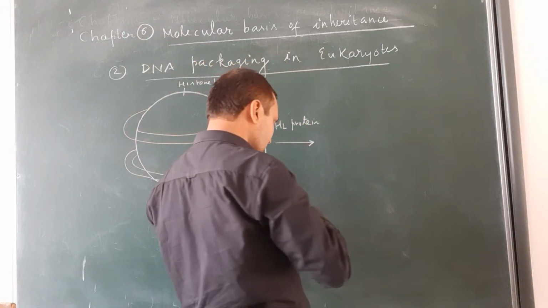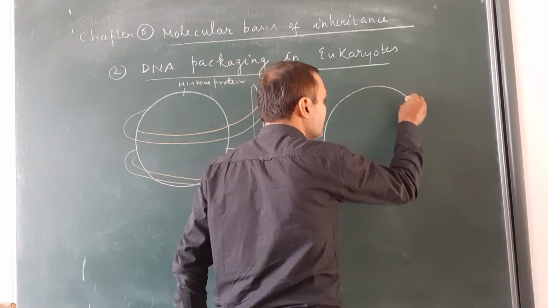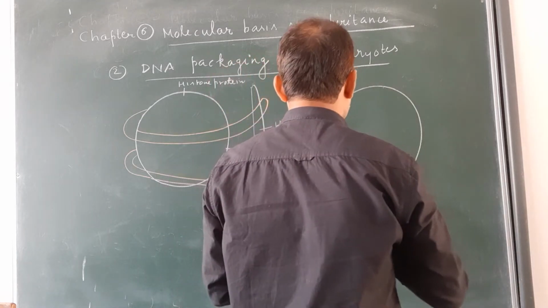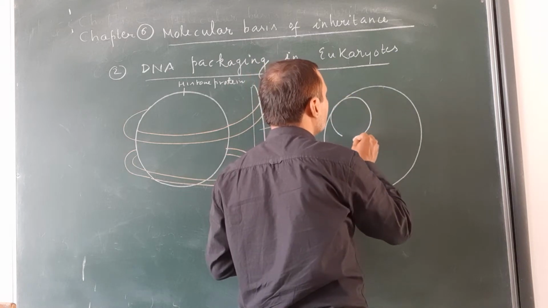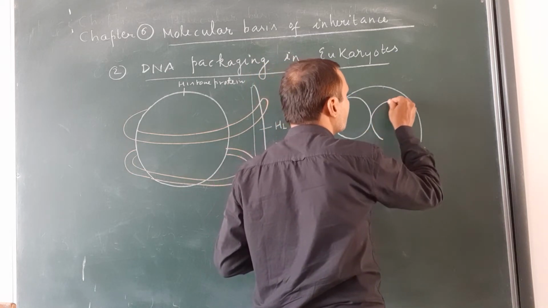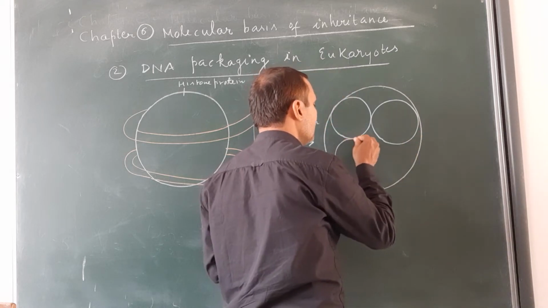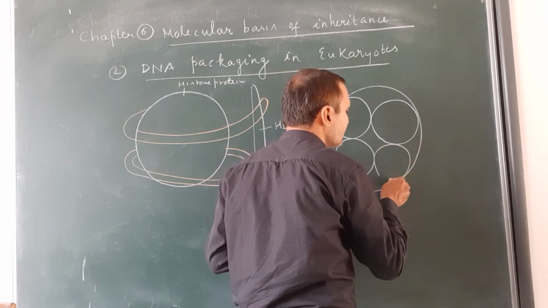In the nucleosome structure, each spherical unit contains the 4 types of histone protein, and the total number is 8, because each subunit is found in 2 in number.